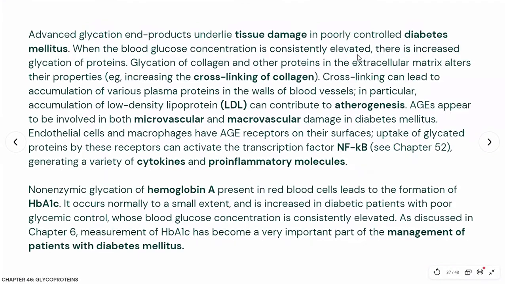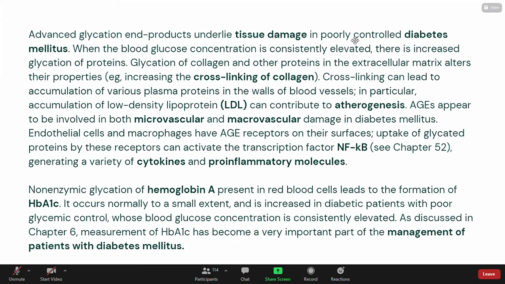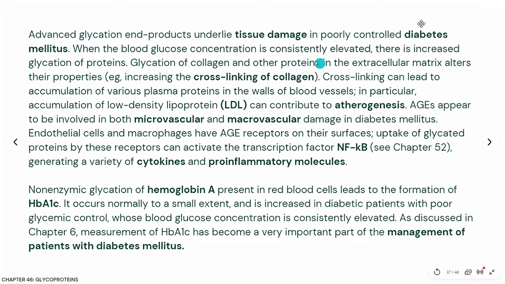Advanced glycation end products underlie tissue damage in poorly controlled or uncontrolled diabetes mellitus. When the blood glucose concentration is very high, there is an increase in addition of sugar to the protein. Glycation of collagen and other proteins in the extracellular matrix alters their properties, increasing cross-linking of collagen.